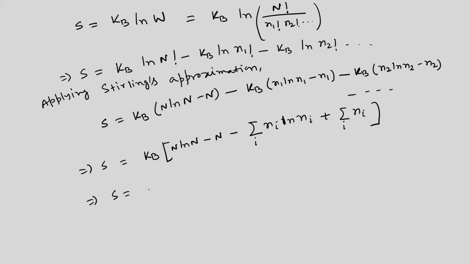So, we get S is Kb times n ln n minus sum over i ni ln ni, because n and sum over i ni cancel each other. Okay.